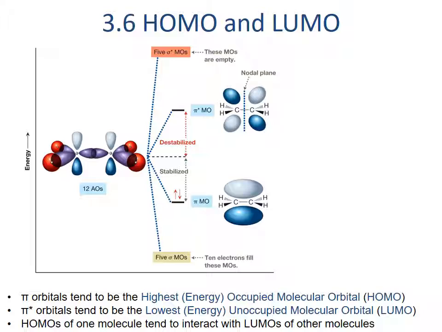HOMOs are electron pair donors, or Lewis bases, and LUMOs are electron pair recipients, Lewis acids. To bring this back to molecular structure, this all means that the electrons in a double bond tend to be fairly reactive and will generally donate their electrons to something else when they react.